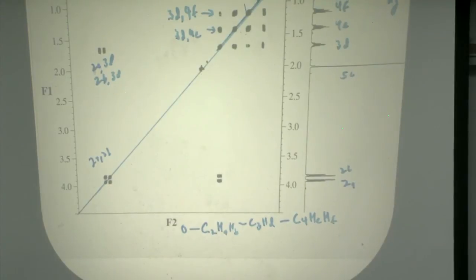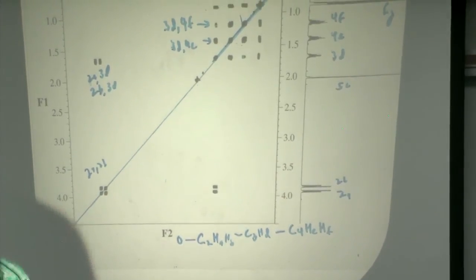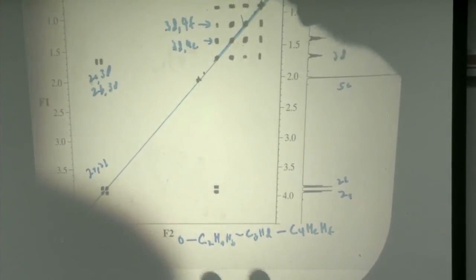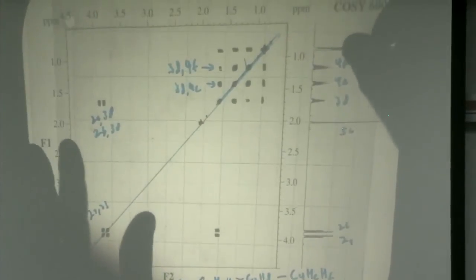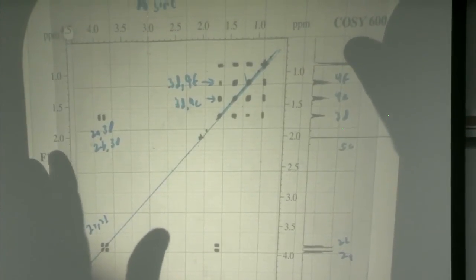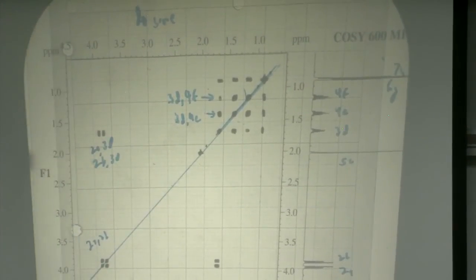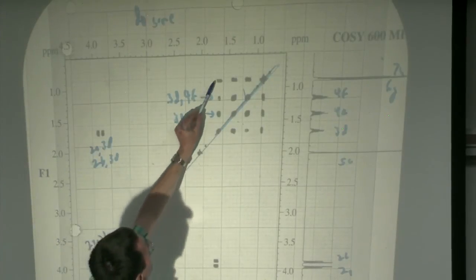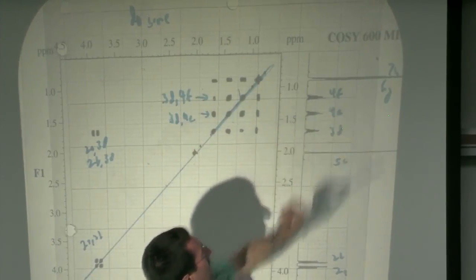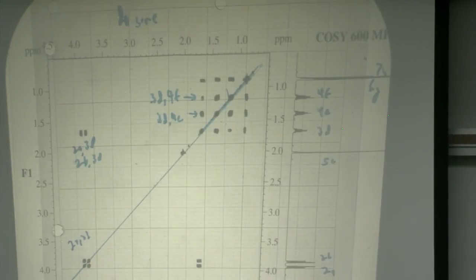And I look up here, and I say, okay, I've got this cross peak. Maybe I need to slap a grid on it to help see how things line up. And I look at my grid, and I say, it looks like that aligns with 6G.